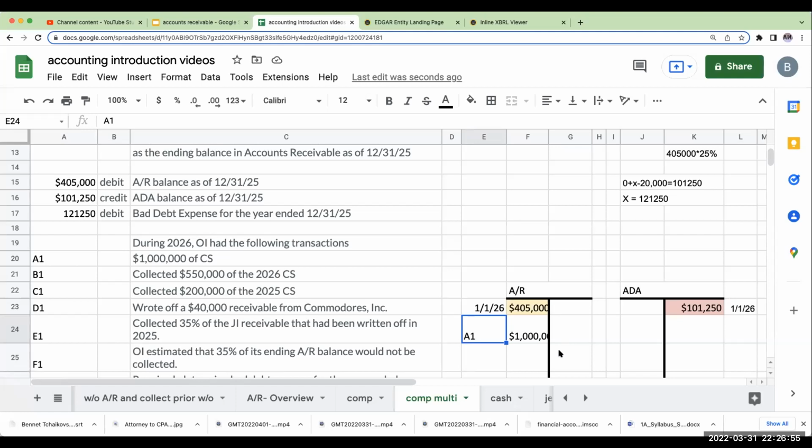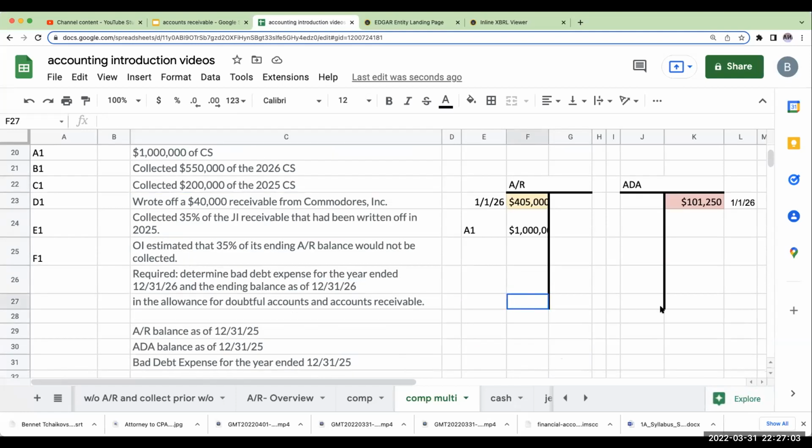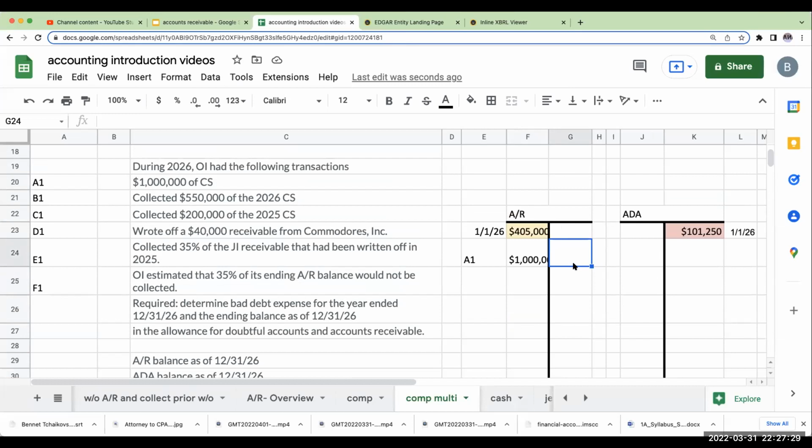Now I collected 550,000 of the 2026 credit sales, and I collected 200,000 of the 2025 credit sales. So we'll just add ourselves a little bit more room here. So when I collect the AR, this is going to be 550,000. This is going to be 200,000.